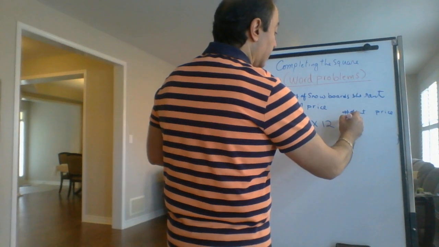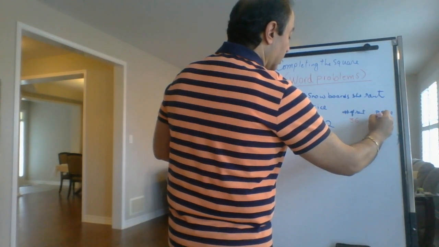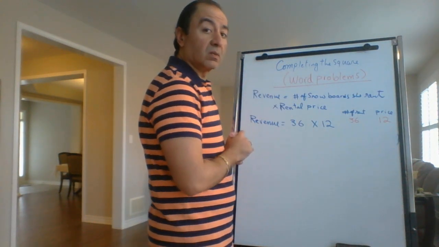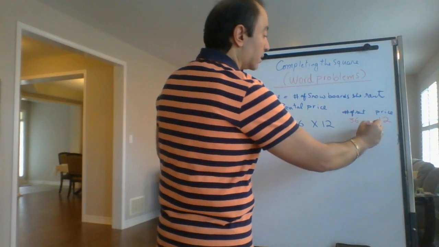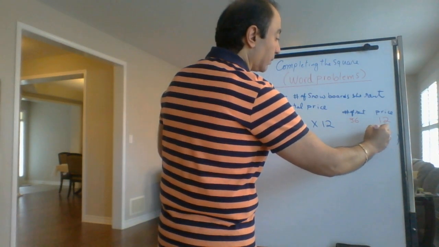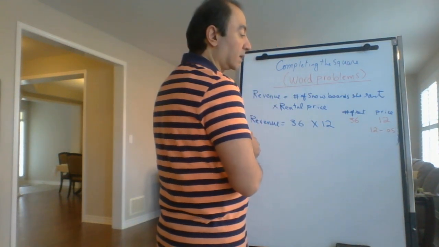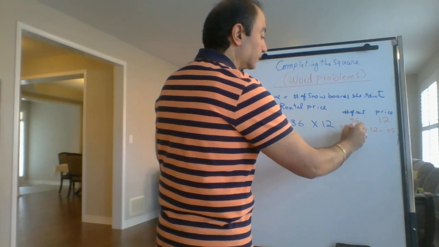In the regular case, without any discount, this will be the revenue. If she reduces the price once, the price will be 12 minus 0.5, and the rent will be 36 plus 2.